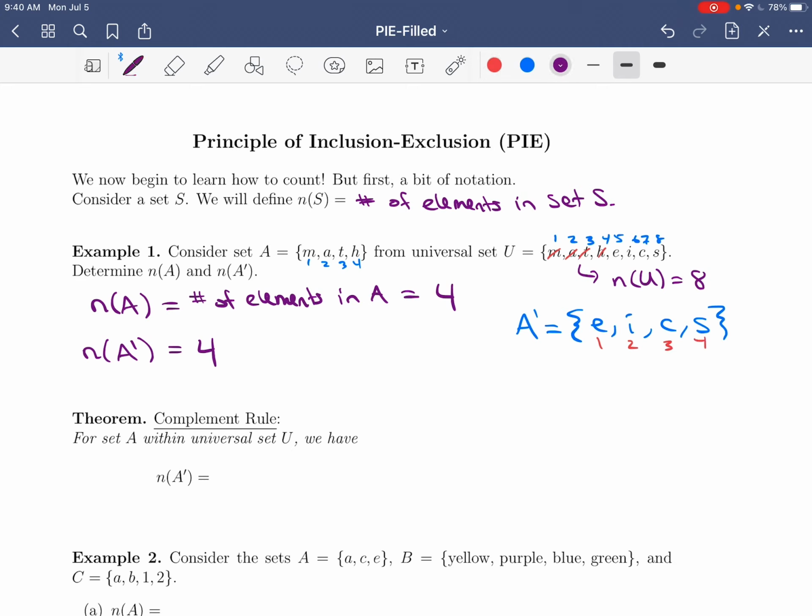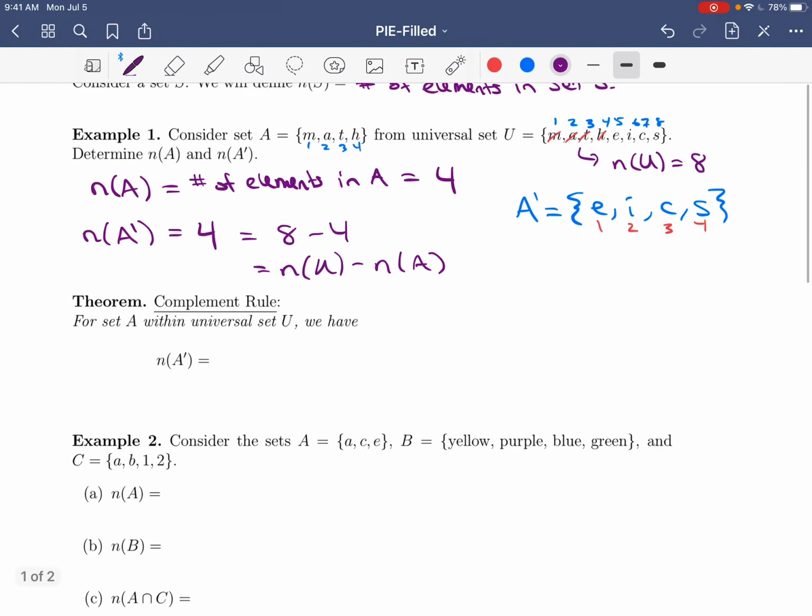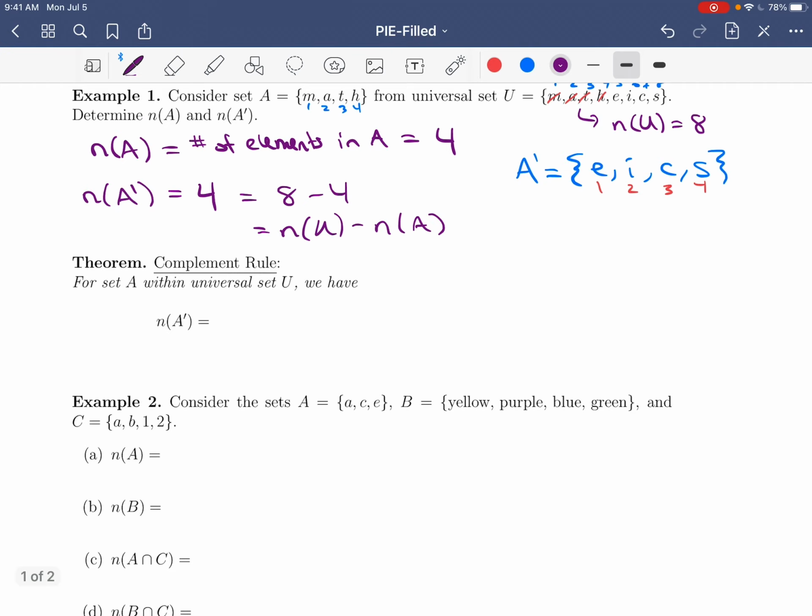And it's actually not a coincidence that it's 8 minus 4, which is the number of things in U minus the number of things in A, which leads us to one of our first rules. This is called the complement rule.